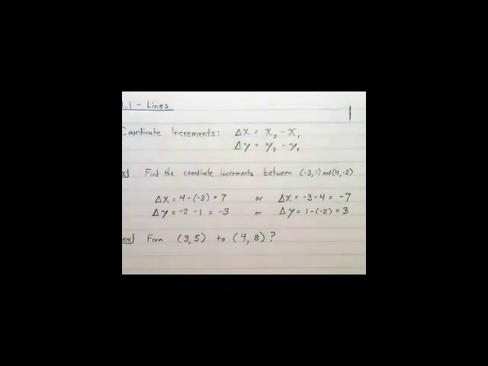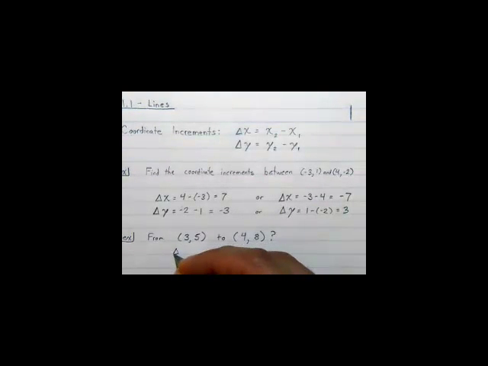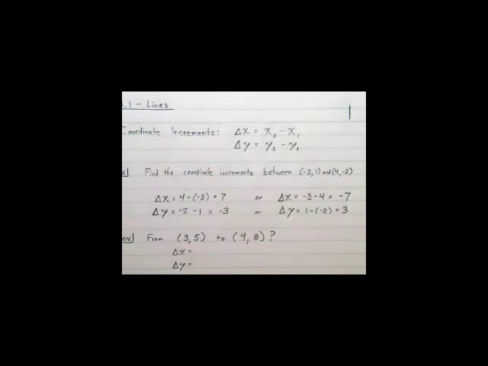That indicates a specific order or direction that you're going. From 3, 5 to 4, 8, what would be the coordinate increments then? What would be the delta x and the delta y? 3, 5 is your starting point, 4, 8 is your ending point. What do you think?